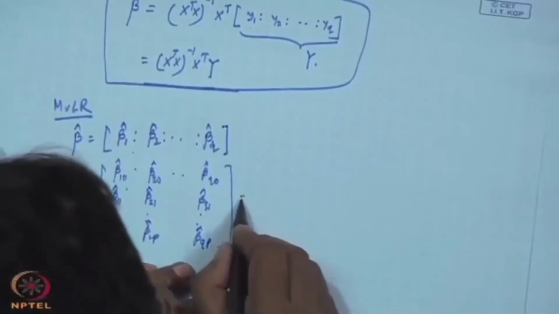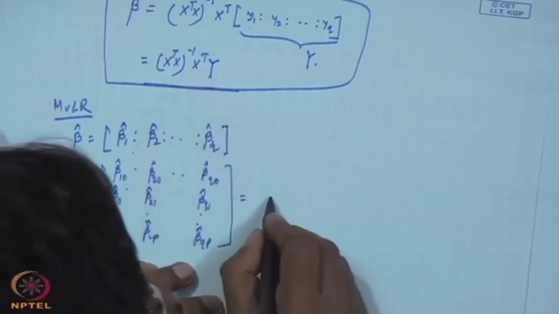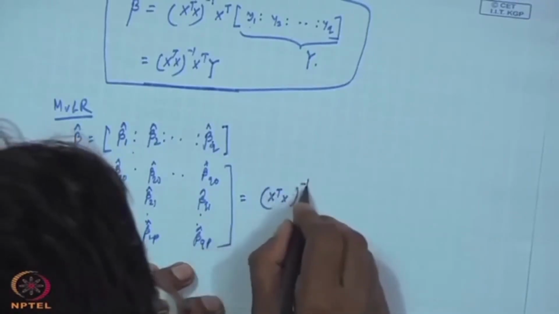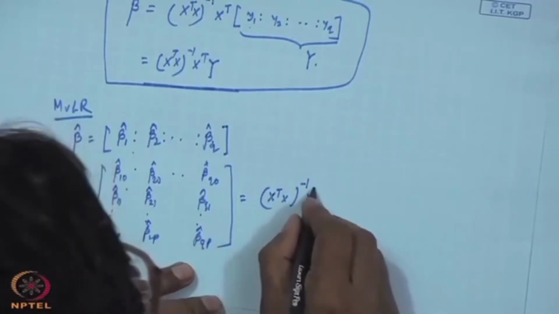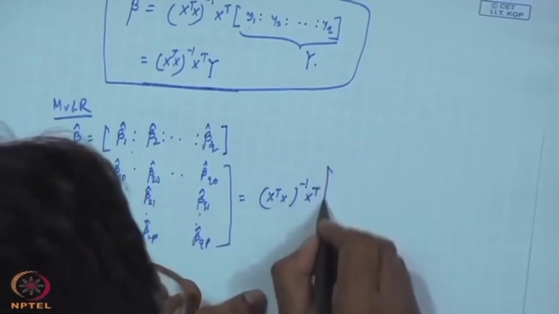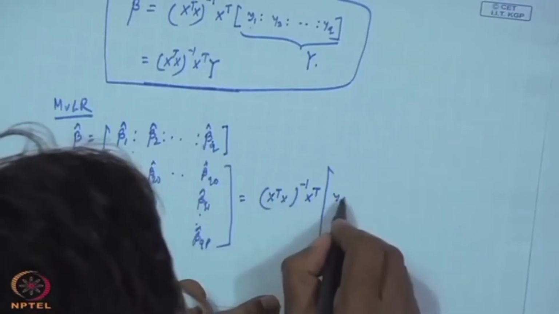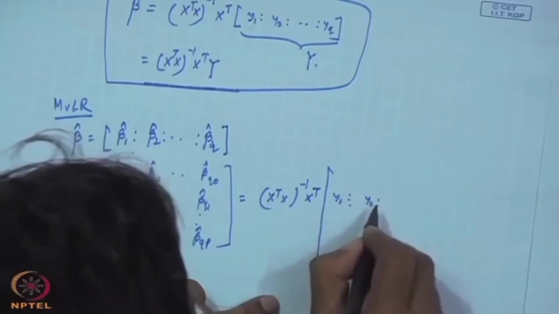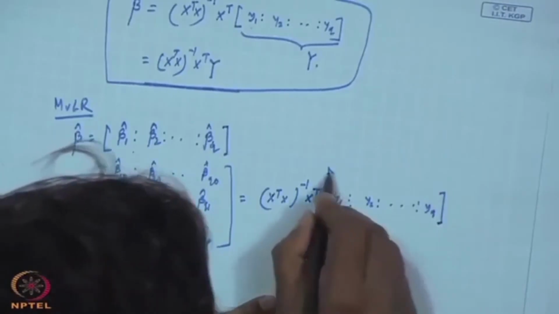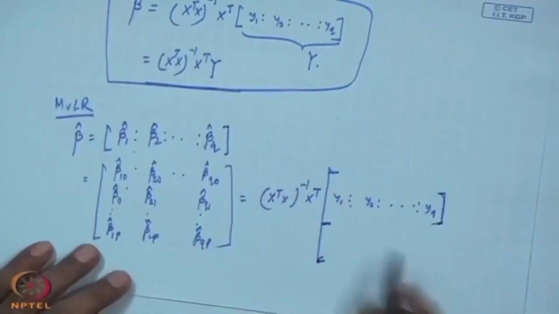And as we are saying, X transpose X inverse X transpose, and we are saying that Y is there. So, can we not write like this? This one is similar to Y1, Y2, like this. Then Y1 again has observations, all those things are there.